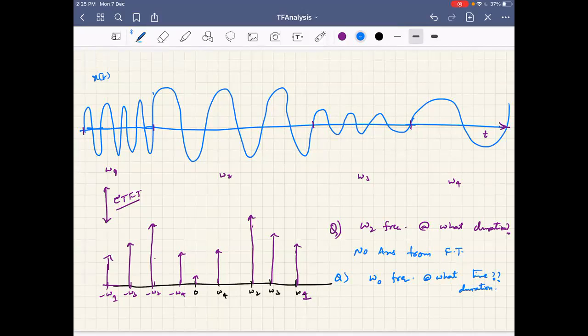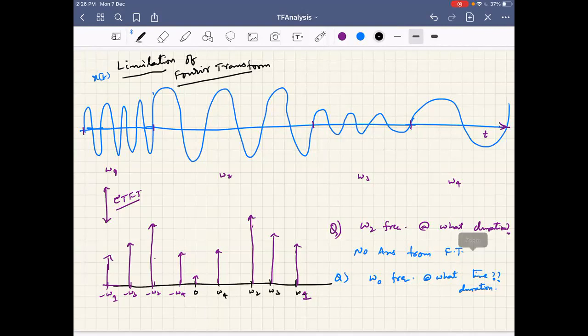This is the limitation of the Fourier transform, we would say. Is this a limitation of the continuous time Fourier transform or the discrete time Fourier transform or DFS and so on? This is the limitation of any of the Fourier transforms. So now the question is, how do we get out of this limitation? That is one question that needs to be addressed in this video lecture.